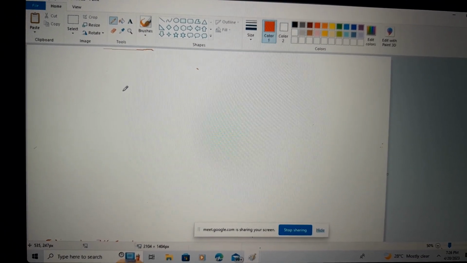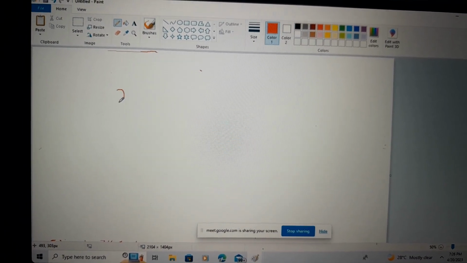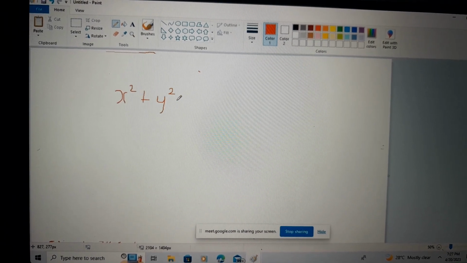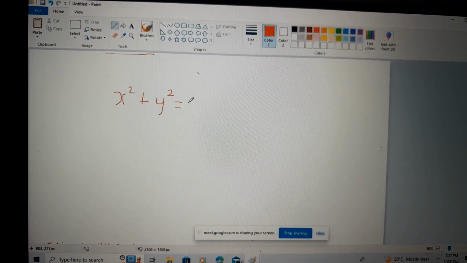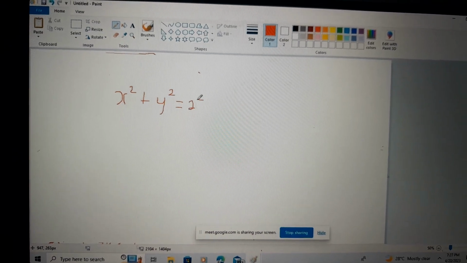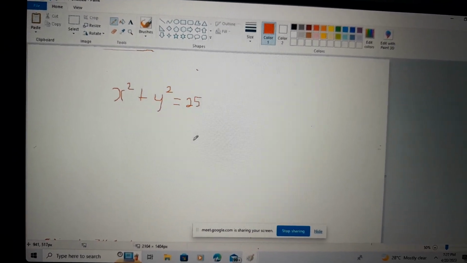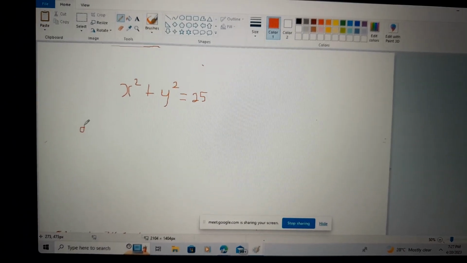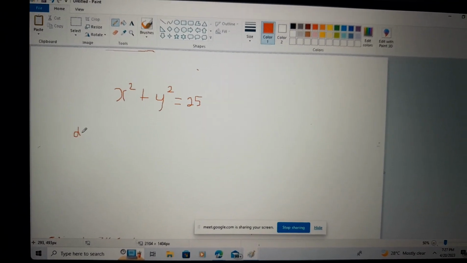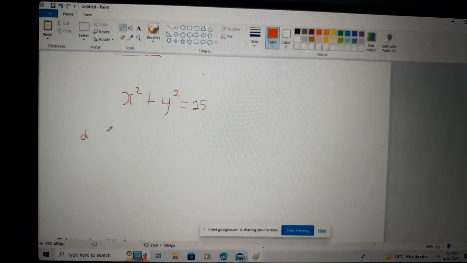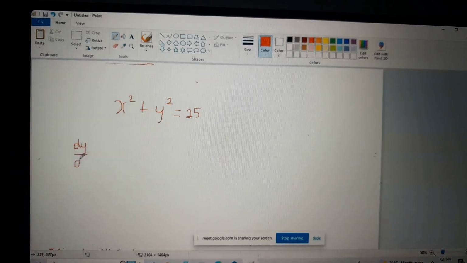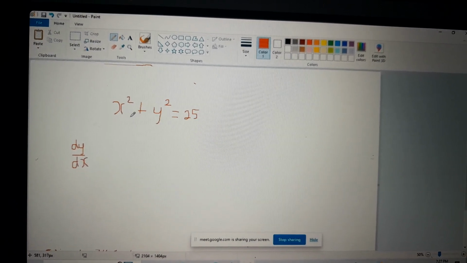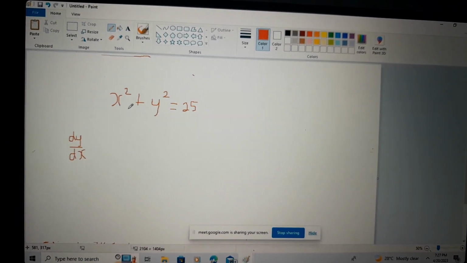So you might see something like x squared plus y squared is equal to 25. You might get an equation like this, and they ask you to find the derivative of this equation. So that would be dy dx. But if you look carefully, we have both x and y in this equation.